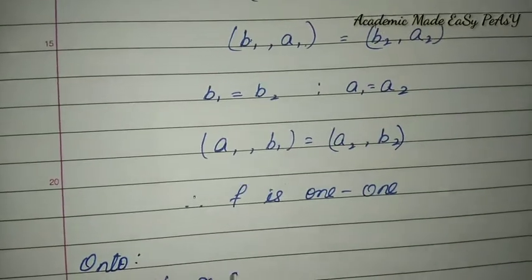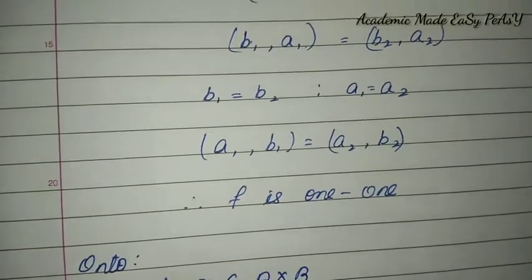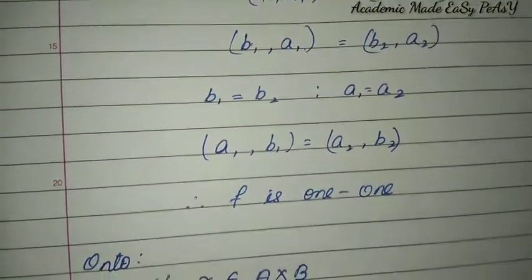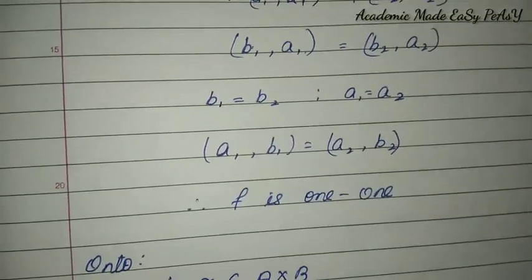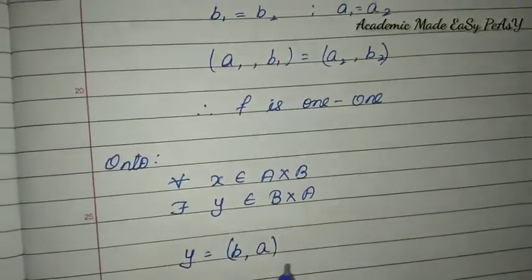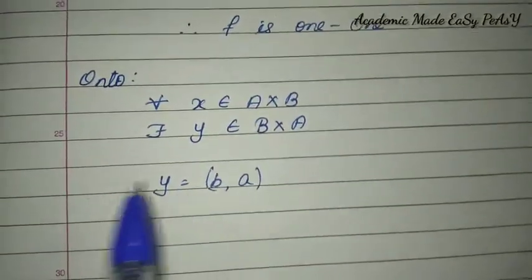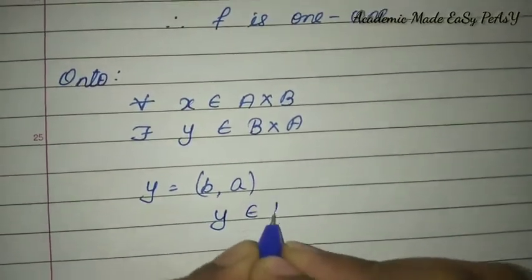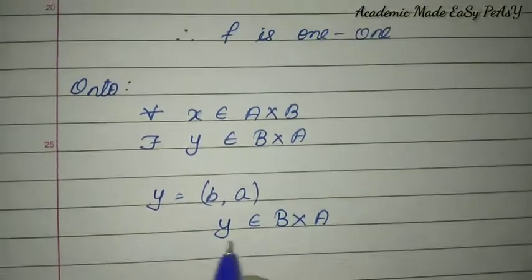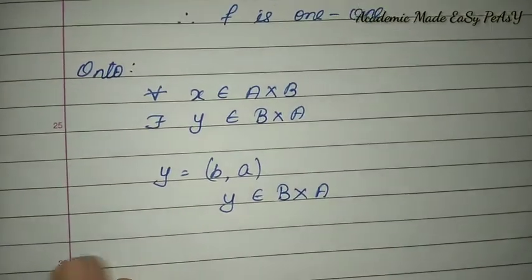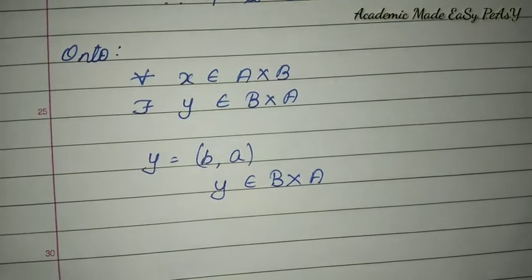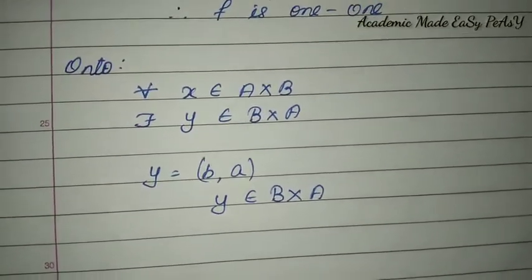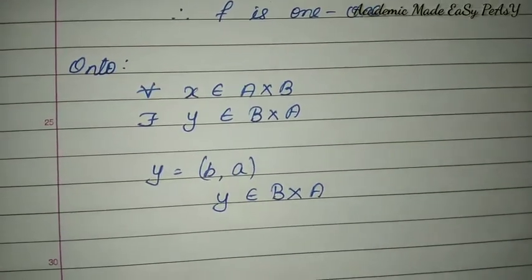For every x belonging to A cross B, there exists y belonging to B cross A such that y is equal to (B, A). I'm saying y belongs to B cross A because it is in the codomain. So for every element of the domain, there is an element in the codomain, so every element will be mapped. So I'm saying that codomain and range will be equal.